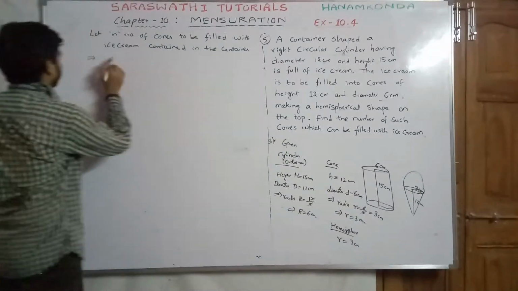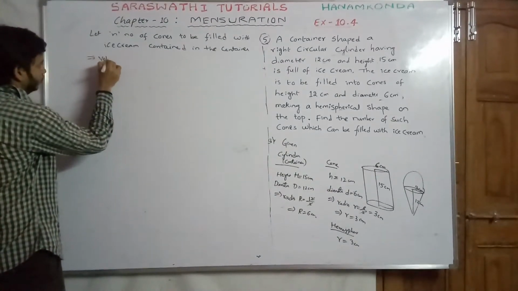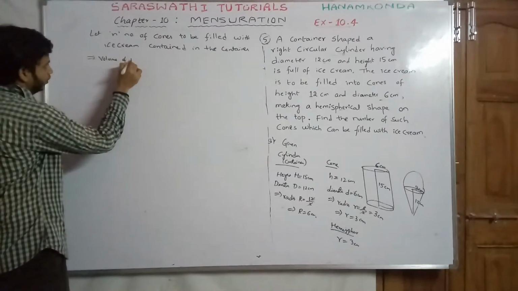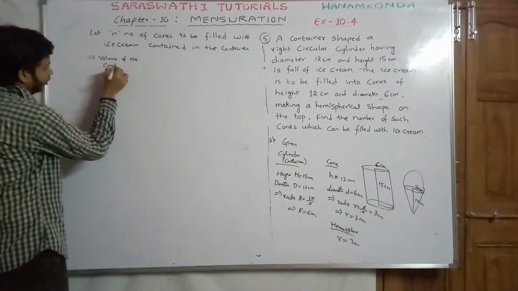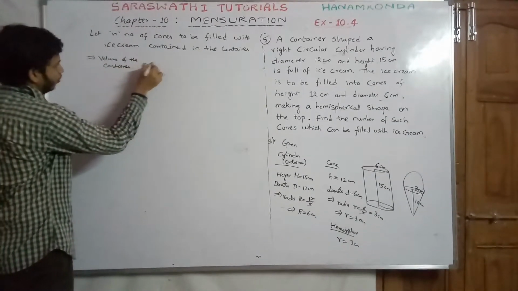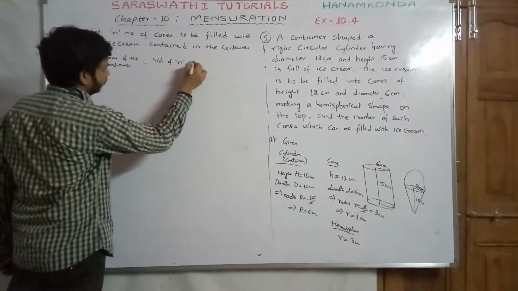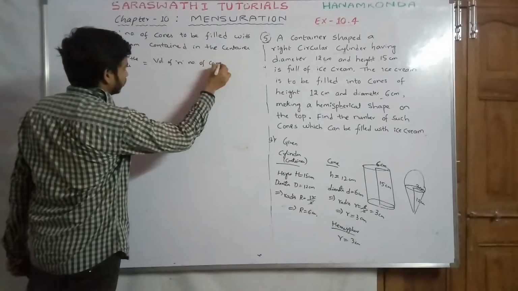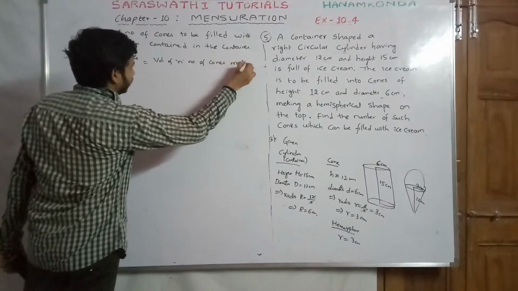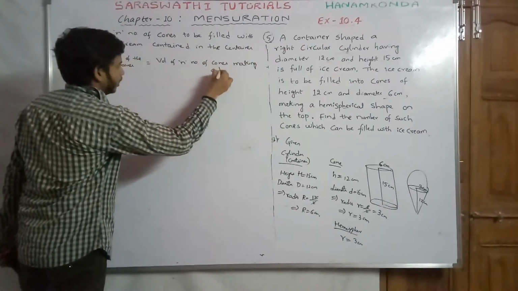So it implies that the volume of the container is equal to the volume of n cones, making a hemispherical top.